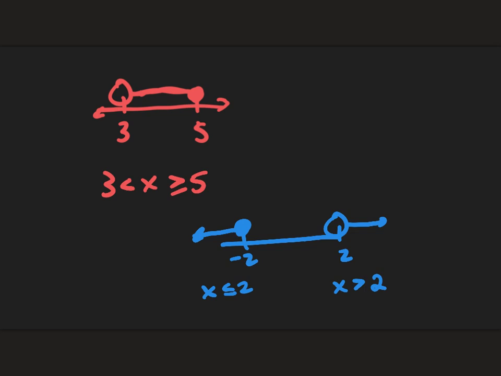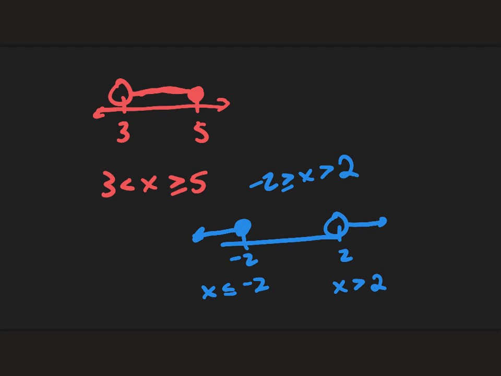Now, could we write that as a double inequality, as a single inequality? I forgot to write -2 down here. That's a typo. Let's write x is less than or equal to -2, or x is greater than 2.